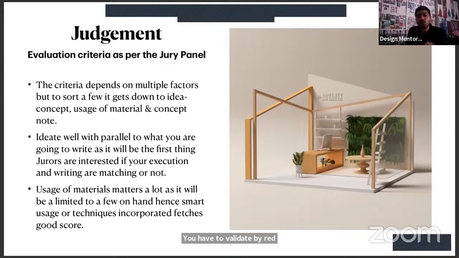Third point, usage of material matters a lot as it will be limited. While you are practicing, you may be dealing with 2-3 meters of wire, but there you will be provided with only 1 meter. One meter is pretty less in quantity, so zero fumble should be the case.